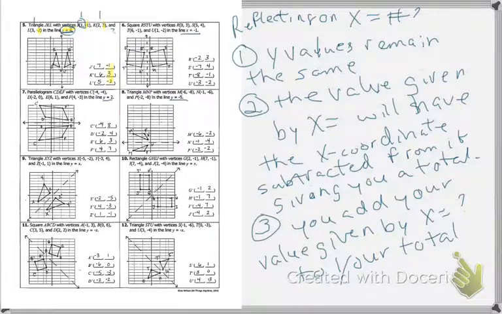Now you do the next letter. Now we're doing K. The value given is 4, minus 2, which is 2. The third step says you take the value given and you add the total, and that's your new coordinate.